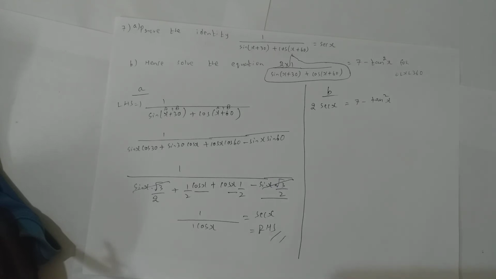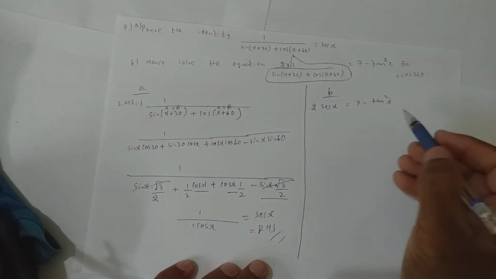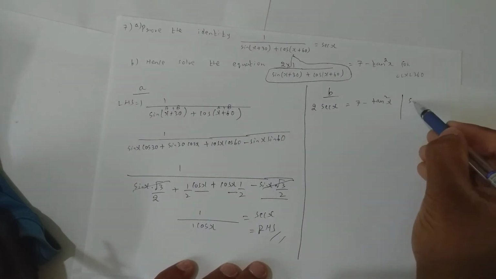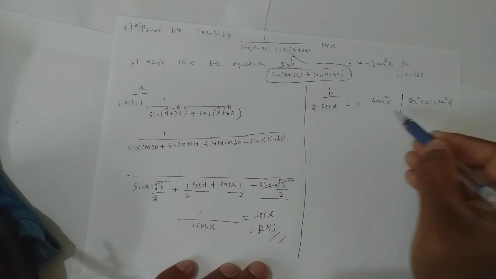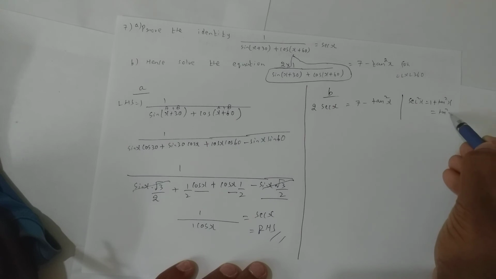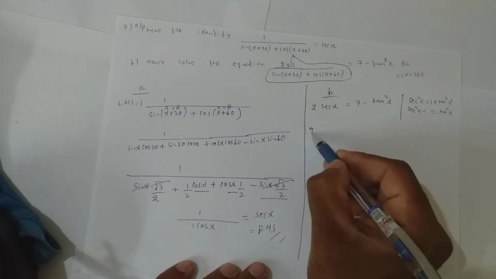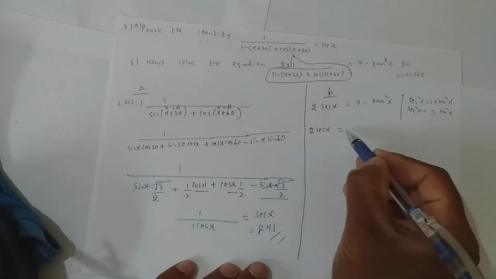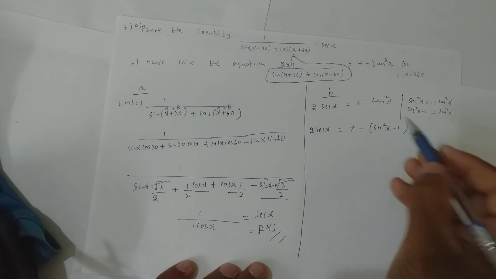Now, if I want to solve for x here, I should have only one trigonometric ratio, but I have got 2. So what is the identity which I can use? Secant square x equal to 1 plus tan square x. So here I have tan square x, so tan square x equal to secant square x minus 1. Replace it here. So 2 secant x equal to 7 minus secant square x minus 1.